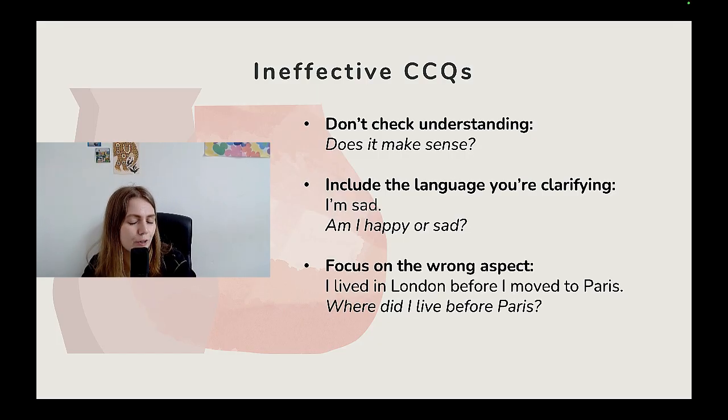And something that focuses on the wrong aspect. So if your sentence was, I lived in London before I moved to Paris. Let's say you're teaching past simple. If you ask, where did I live before Paris? It's not going to test understanding of past simple, okay?